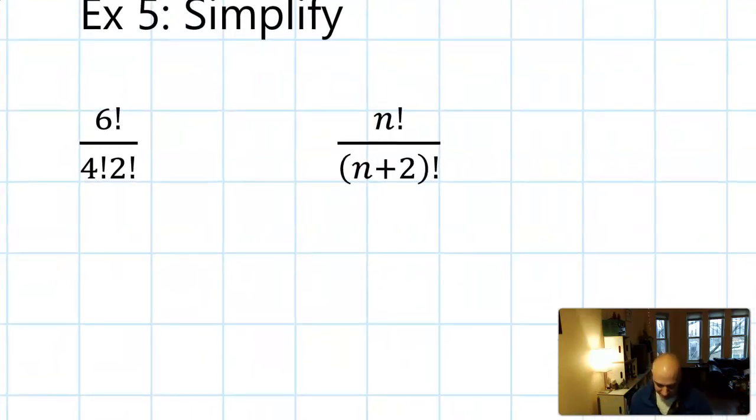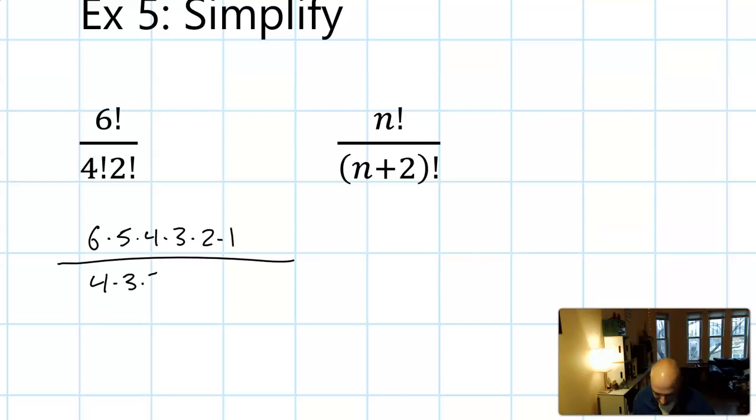So 6 factorial over 4 factorial times 2 factorial, which is, by the way, the number of ways to select 4 things out of a group of 6 if order doesn't matter. Counting. But for us, just think about it as 6 times 5 times 4, 3, 2, 1, over 4, 3, 2, 1, 2, 1.